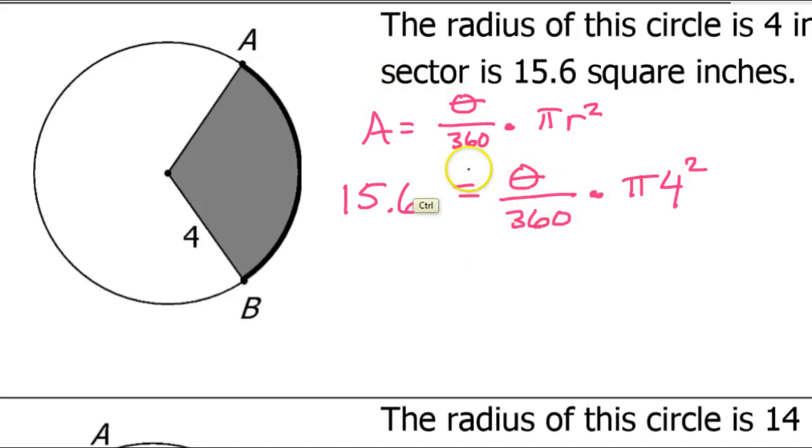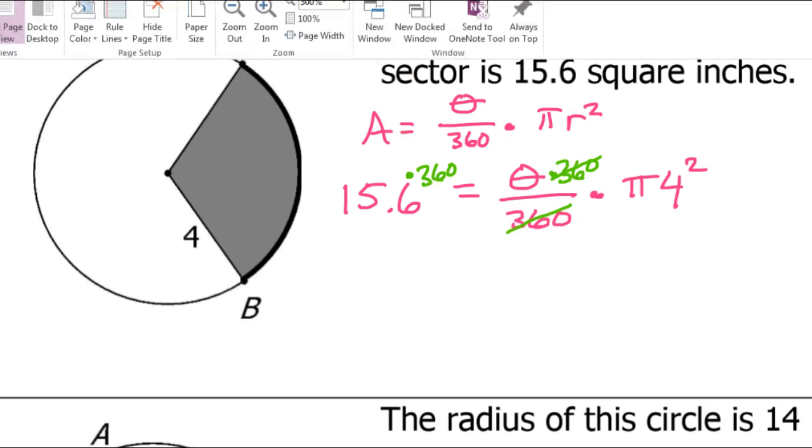I don't like having fractions in the problem, so to make this fraction go away, the best thing to do is to multiply it by 360 on both sides of the equation. Okay, if I multiply by 360, these will cancel each other out.